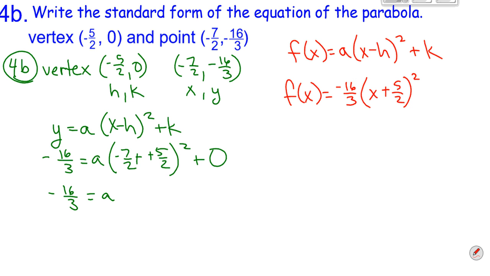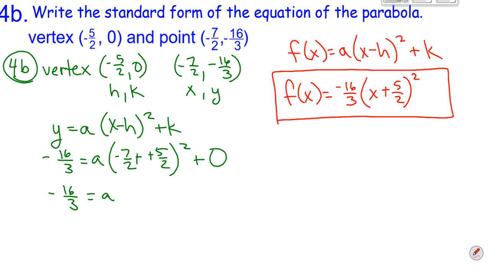So this is our format. One thing I'll say, sometimes people get over zealous and want to do more, like square that and multiply by the negative 16/3. But this is it for that problem. That is the standard form of the equation of that parabola.